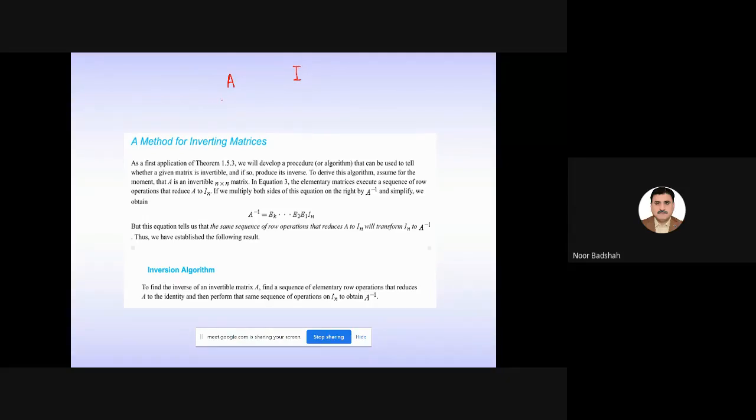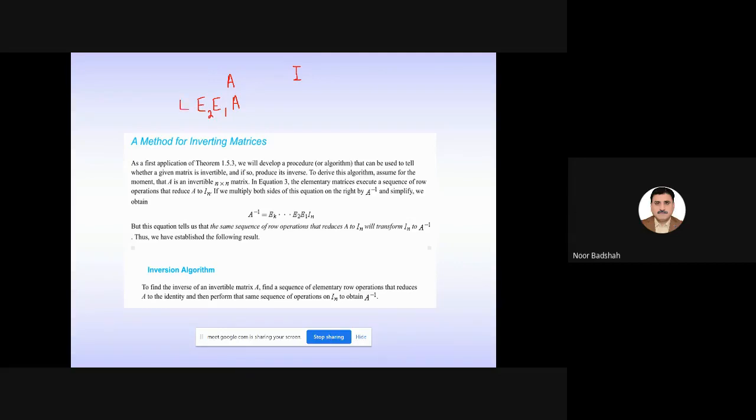So we apply one operation on it, that is E1. One operation means multiplying it by one elementary matrix. Then we apply another one, so we multiply by another elementary matrix. It might be the same one, it might be a different one.